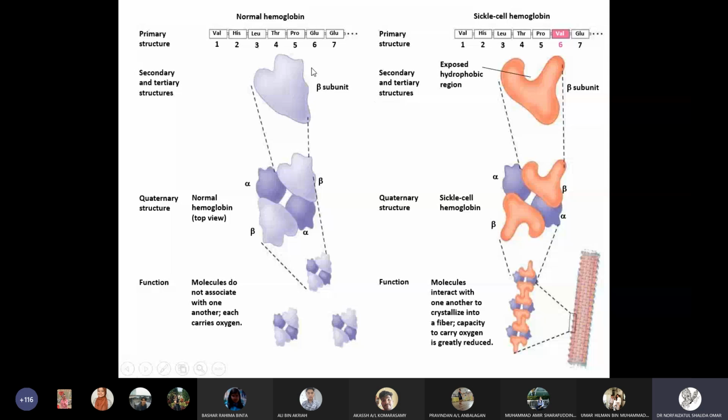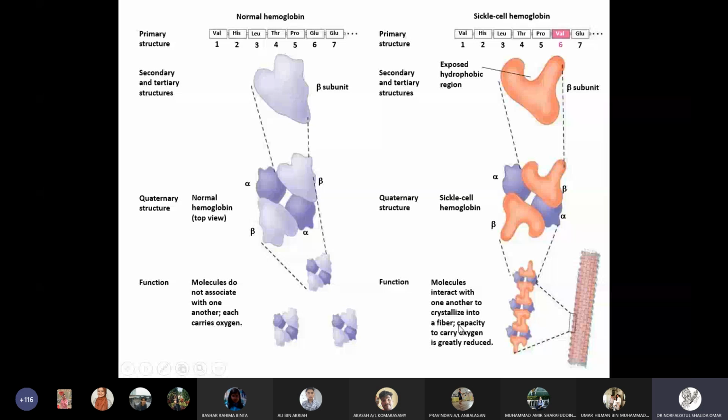Normally it didn't have the hydrophobic region, but when this valine is substituted, changes occur in the beta subunit of the hemoglobin, so the hydrophobic region is exposed. So when it becomes a hemoglobin, the hydrophobic regions tend to interact with one another. So they become crystallized and form fibers.